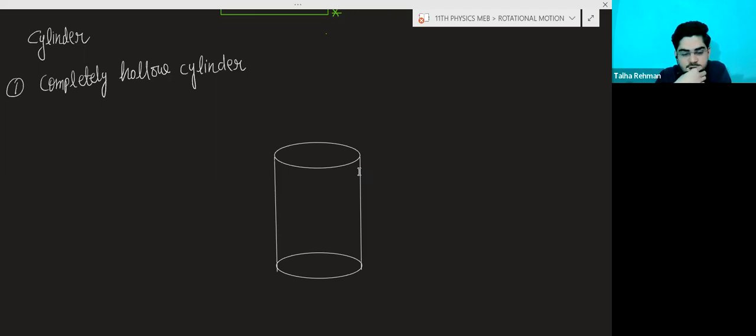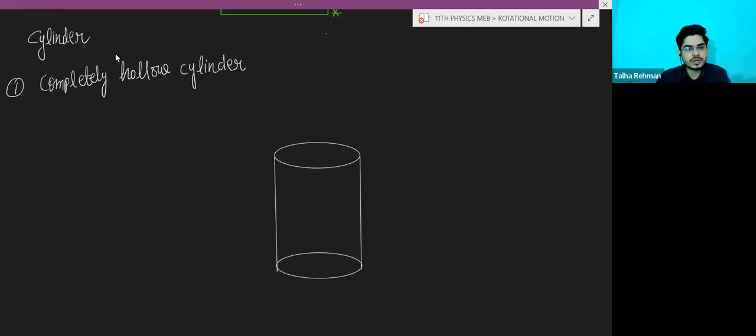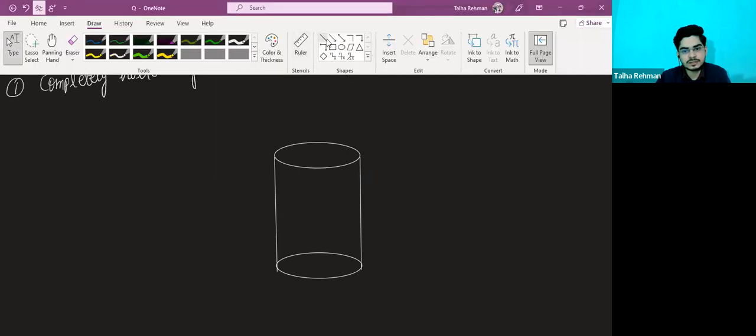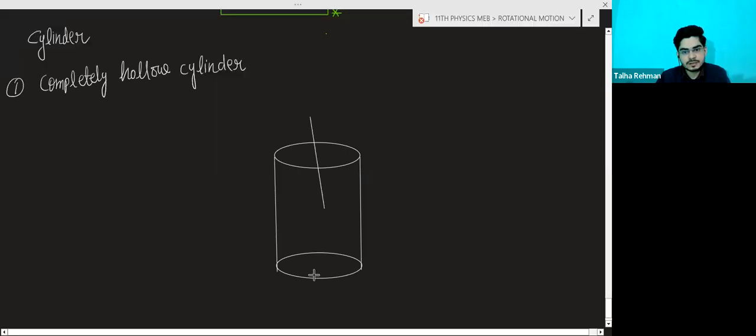So for this cylinder, basically we want to find the moment of inertia of the cylinder about this axis, about an axis perpendicular to this area.